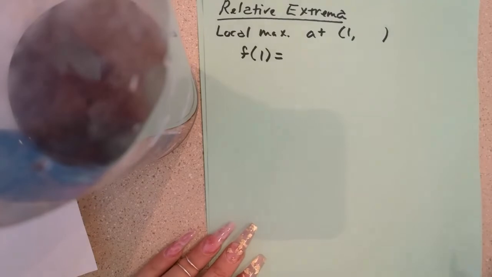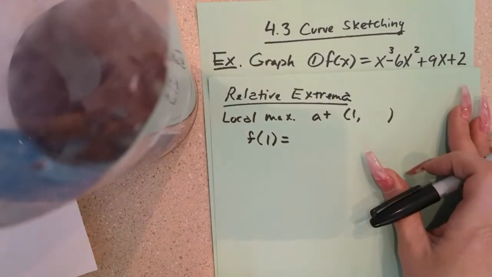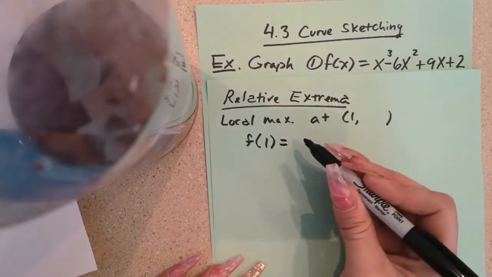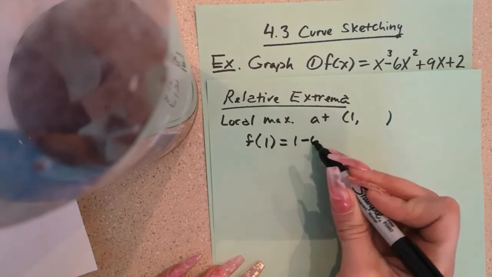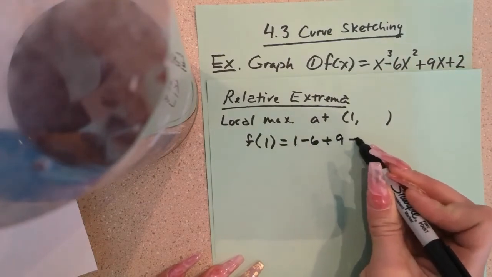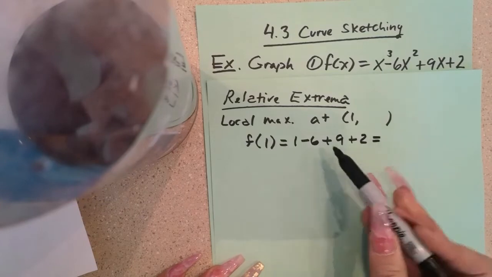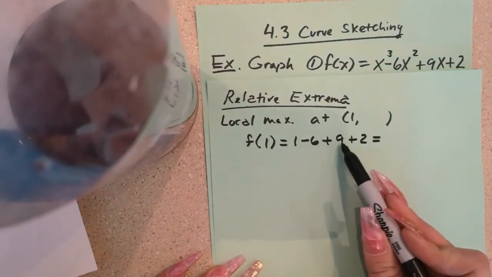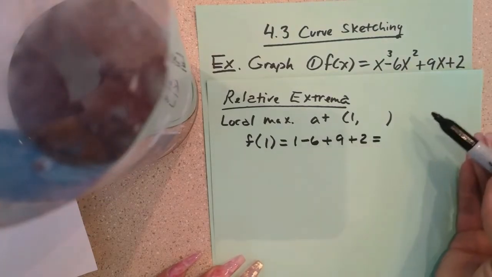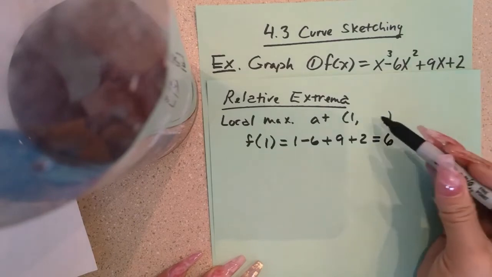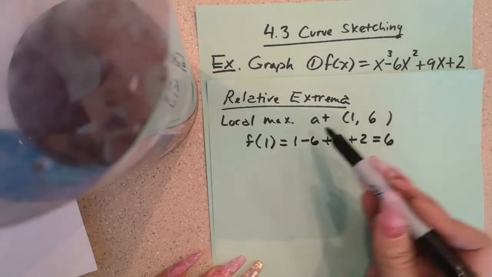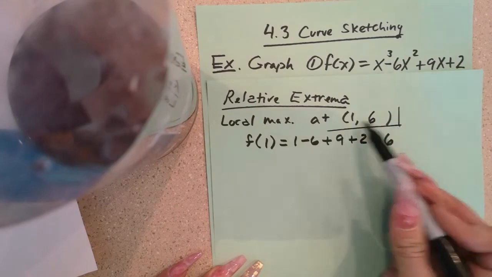So f of 1 would be 1 minus 6 plus 9 plus 2. Negative 5 plus 9 is 4, plus 2 is 6. So there's a local max.